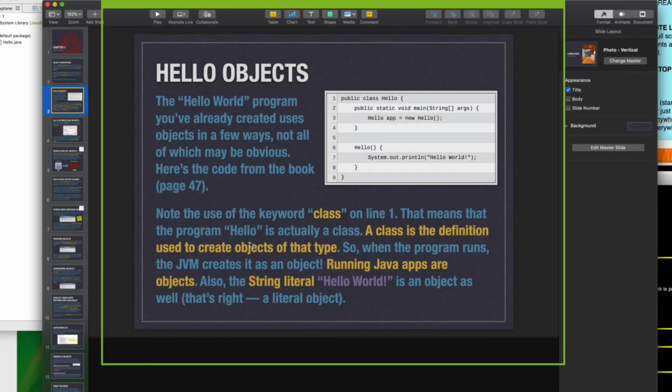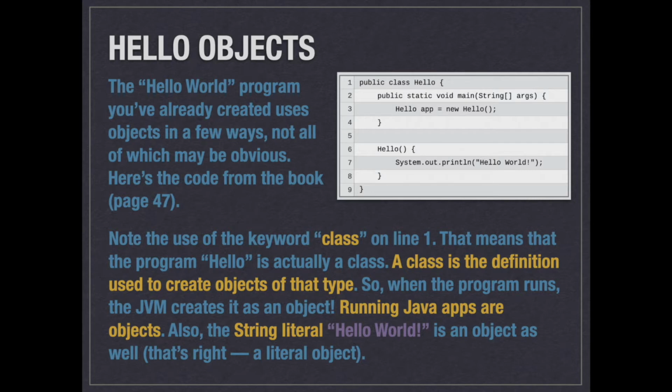Here's the long version of the hello world app, which is actually a demonstration of object orientation. Objects come from classes, so the app that we wrote starts out on line 1 with public class Hello, if you look. That means that capital H Hello is a class, and what that means is when Java runs that app, it's going to create an object based on the Hello class.